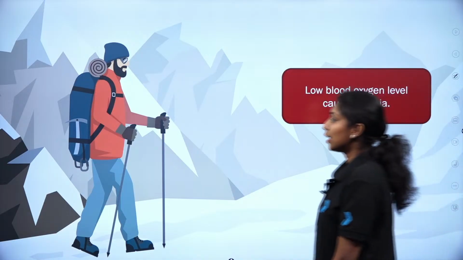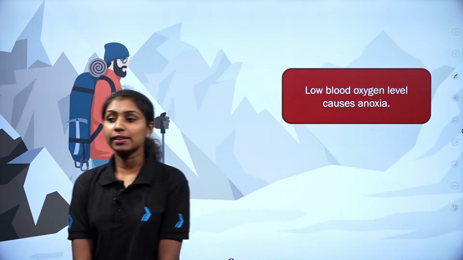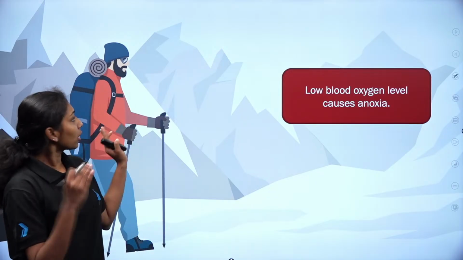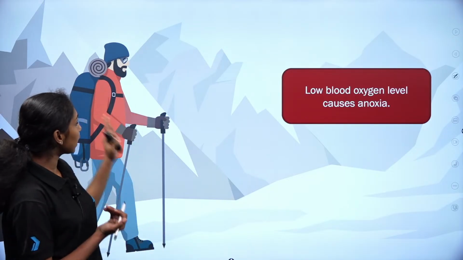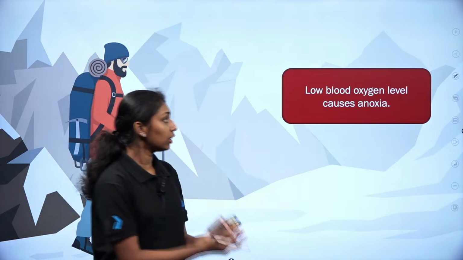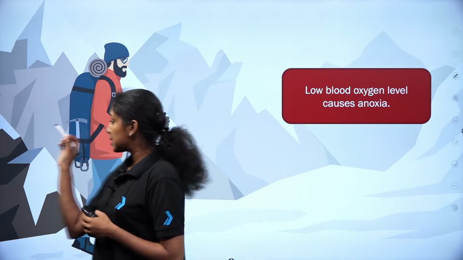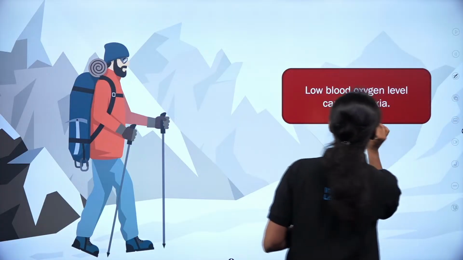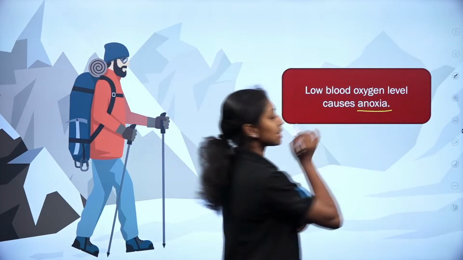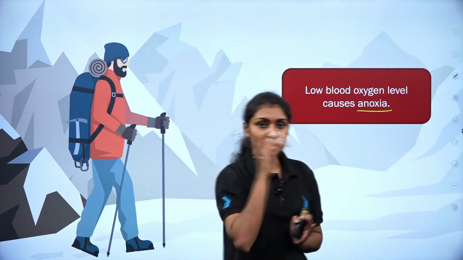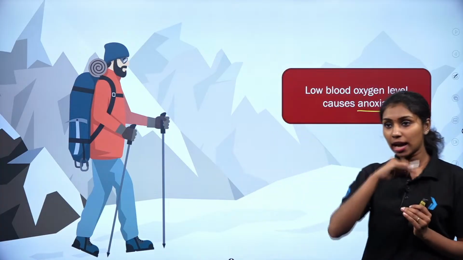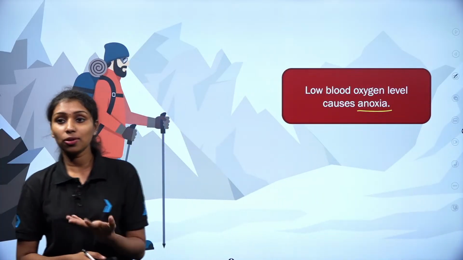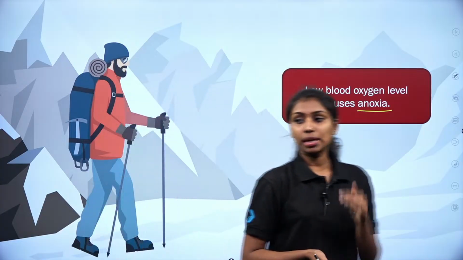So here, how can we apply our Henry's law? This is a mountain climber. So here there is a condition happening: low blood oxygen level causes anoxia. There is a health condition known as anoxia. So how can we apply Henry's law here? This climber is going to the high altitudes, right? At high altitudes, what will happen to the pressure there?